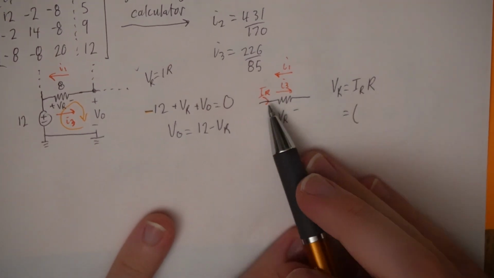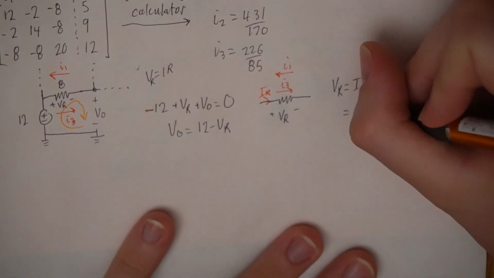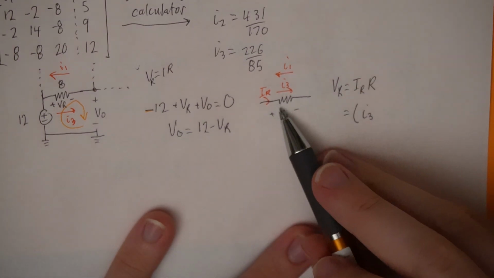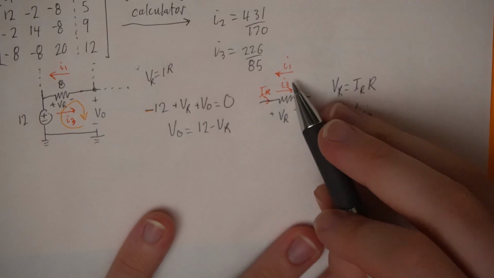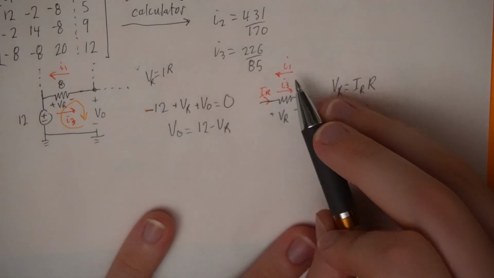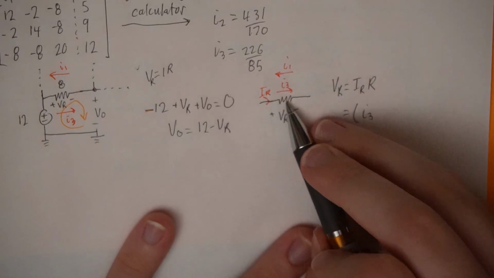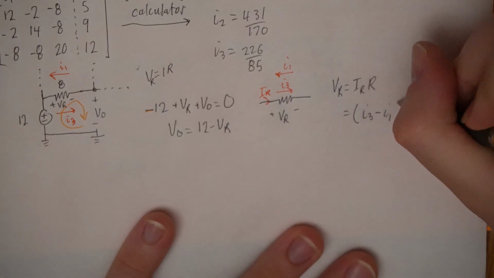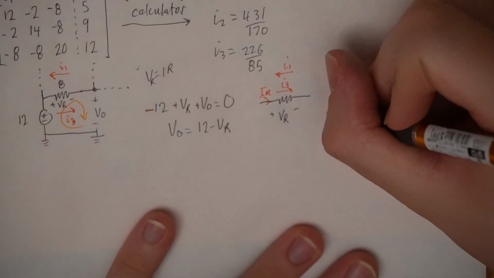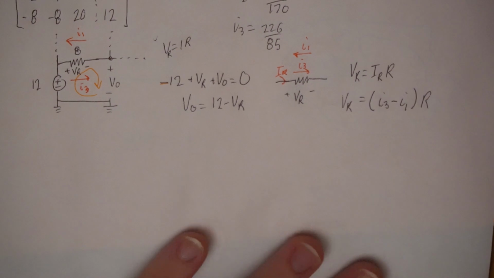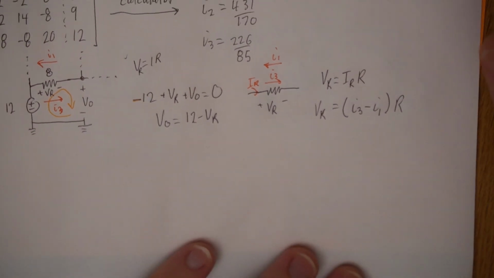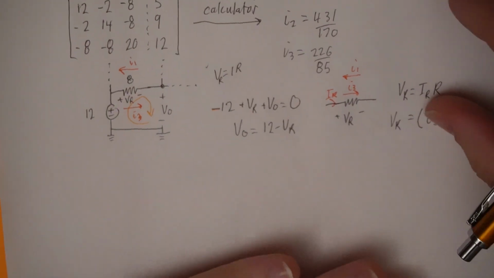So IR will be in the same direction, positive I3, because it matches the direction I want, minus I1, because I1 is going in the opposite direction, times R. And I'll sub it all in at the end.